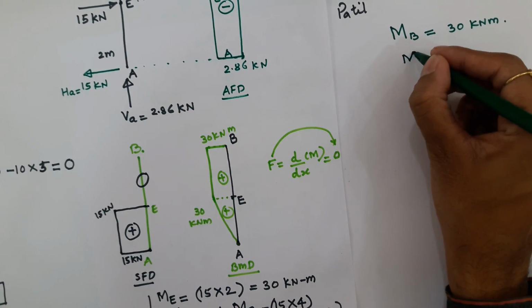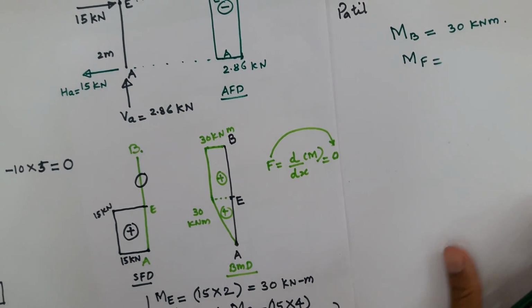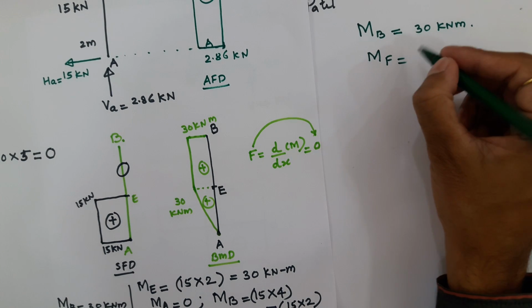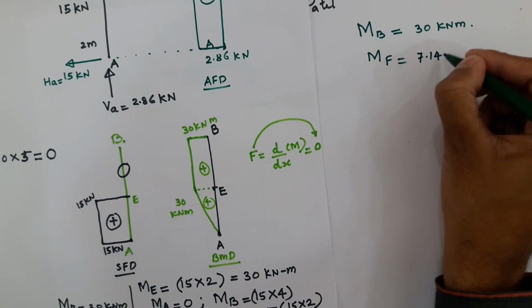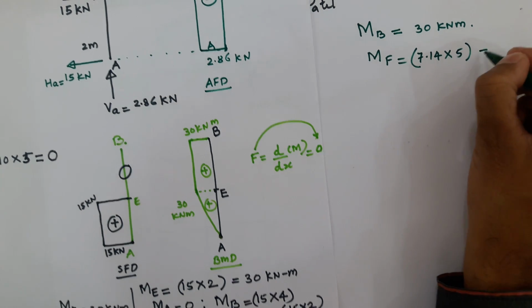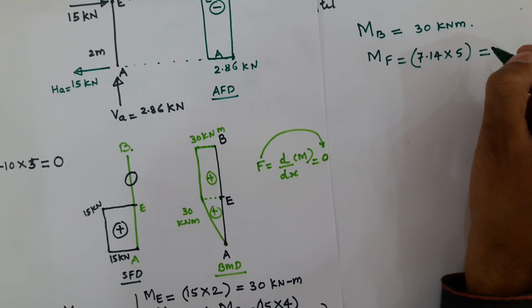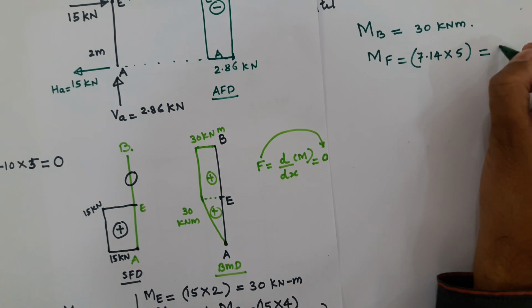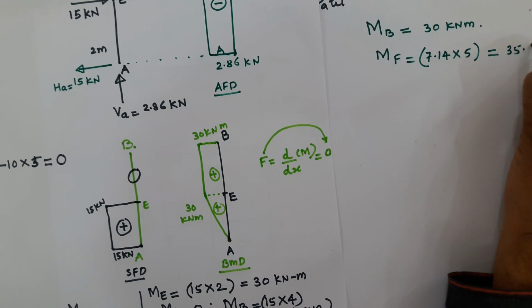Therefore, MF will be 7.14 into 5. The answer is 35.72 kilonewton meter.